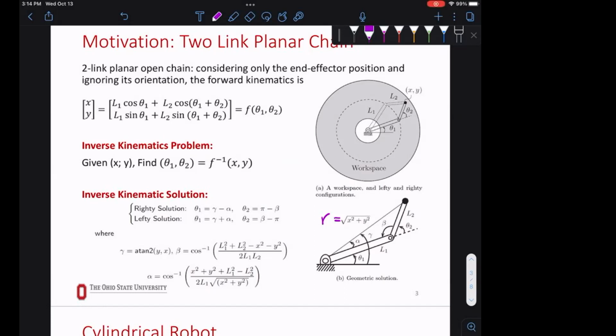Law of cosines tells us that R square is L1 square plus L2 square minus 2 L1 L2 cosine of the angle that is in front of this R, whatever edge that is. So cosine of beta here. So you can write this expression for any of those. So in this triangle, if I wanted to find L2, what would I write from the law of cosines?